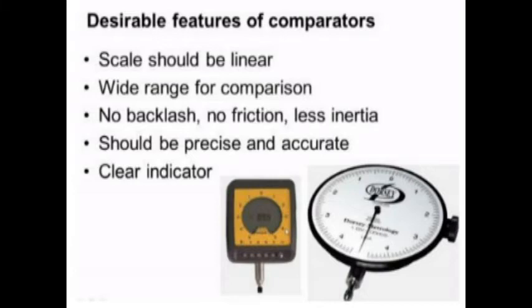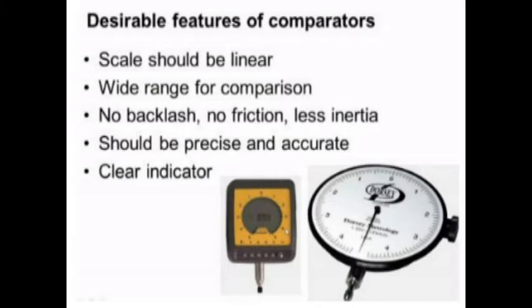There should not be any backlash, friction between the moving parts should be very less, and inertia of the various parts should be less. It should be very precise and should have good measurement accuracy, and the indicator should be very clear so that we can easily take the reading.